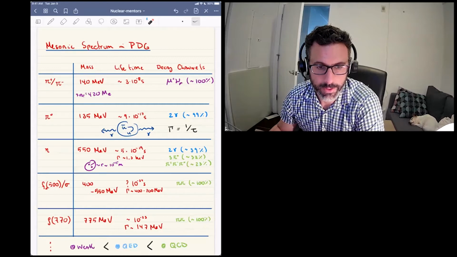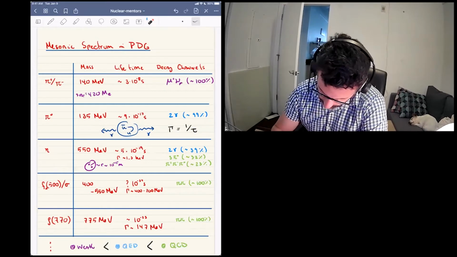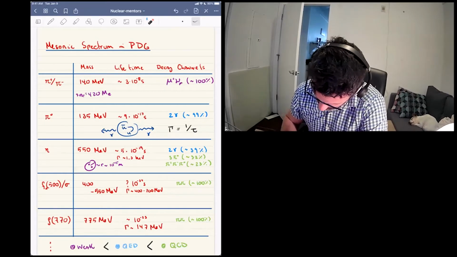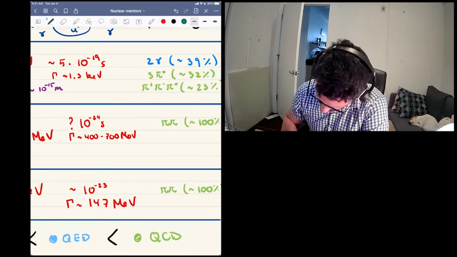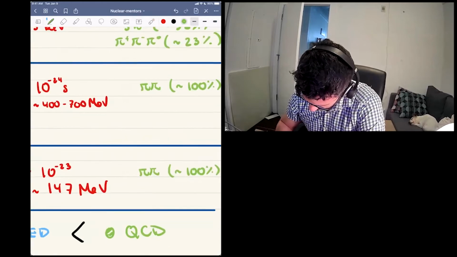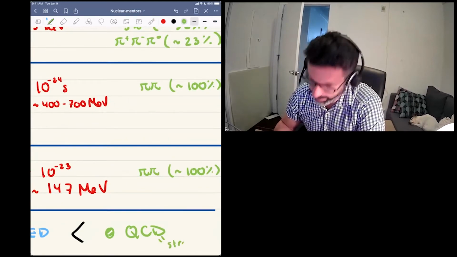So we have a question about what the major differences are between weak, strong, QED, and QCD. Good. QCD is the strong. It's the theory of the strong interaction.